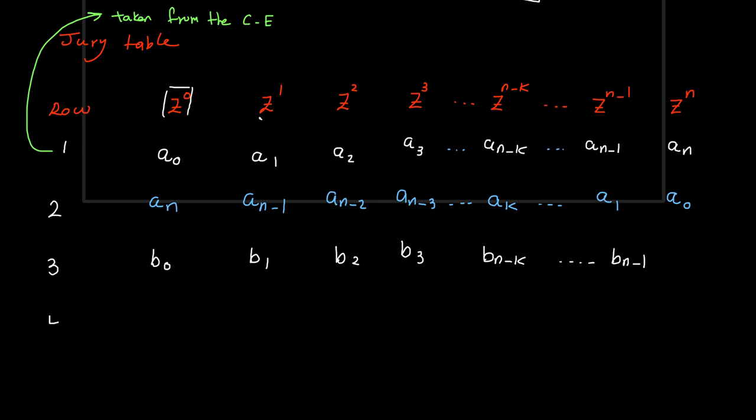Now the fourth line is identical to the third line reversed in order, which means that here will be b_(n-1), b_(n-2), b_(n-3), b_(n-4), b_(k-1), until we are reaching b0. Now how to calculate b0?